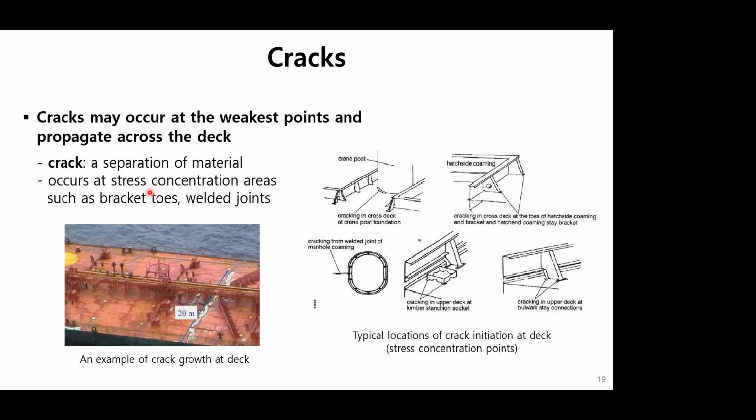Cracks may occur at the weakest points and propagate across the deck bottom in many places at stress concentration areas such as bracket holes, welded connections, and so forth. This photo shows an example of crack growth at the deck. It grew as long as 20 meters, almost across the upper deck.